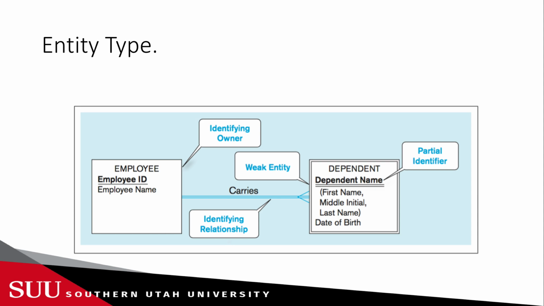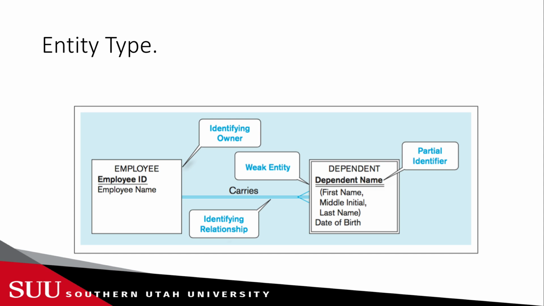A good example would be employee and dependent. So the employee is a strong entity. It can exist in our system without having to have another entity. But on the other hand, a dependent will have to have an employee in the system so the dependent would exist. So for example, if I say John is an employee in the company, I can just go ahead and place John's name in my table.